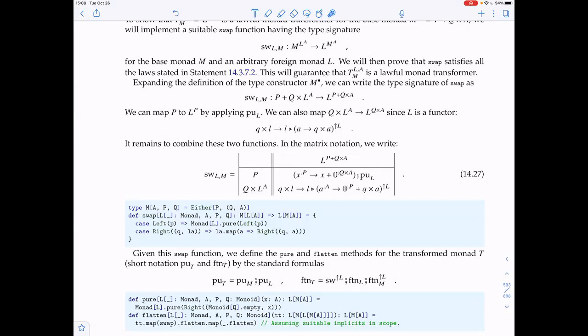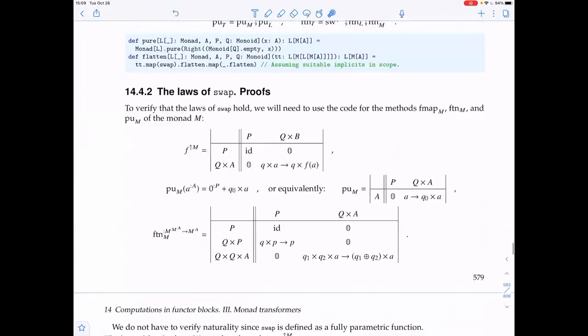So if you are familiar with matrices and how matrix compositions are computed, then it will be easy to see how to compute compositions of functions operating on disjunctive types or coproduct types. So pattern matching is very naturally represented with matrices in this way.